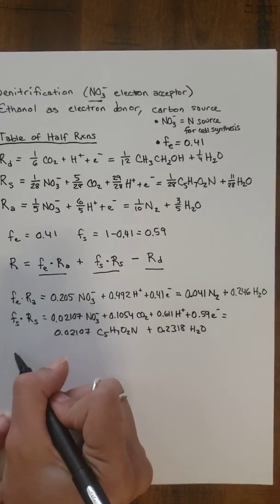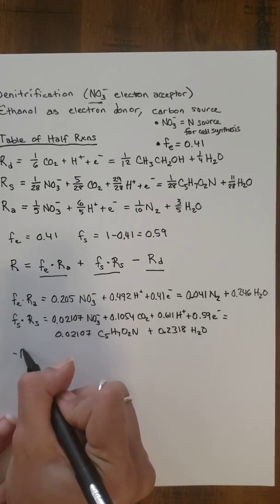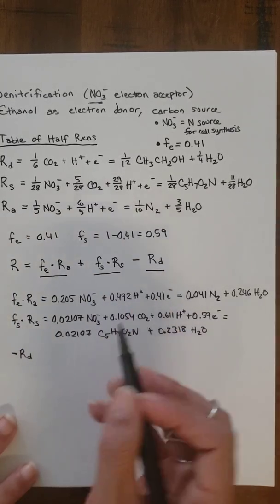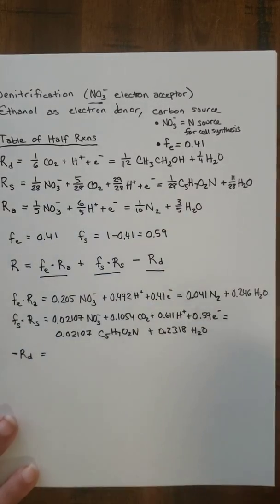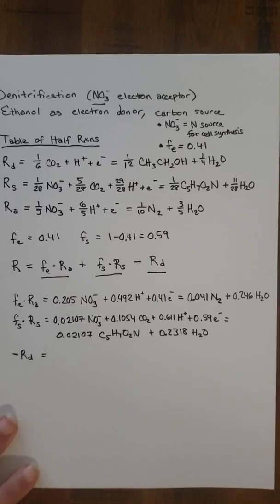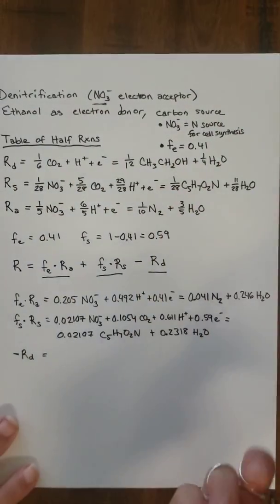And then next we're going to have our negative Rd, because we're going to add all of these up, and so we want to make sure that we have that negative. And when we multiply by -1, that means we're just flipping the reaction around.